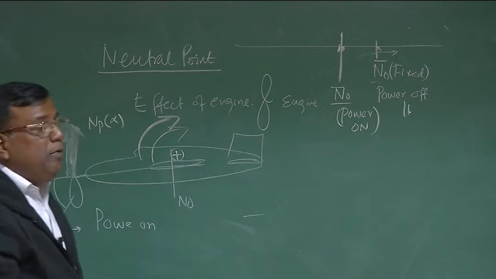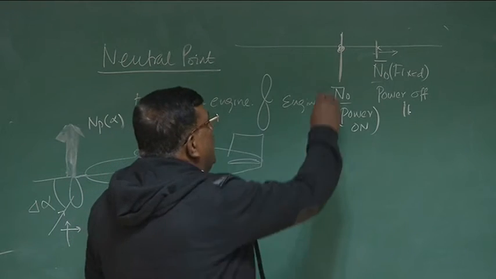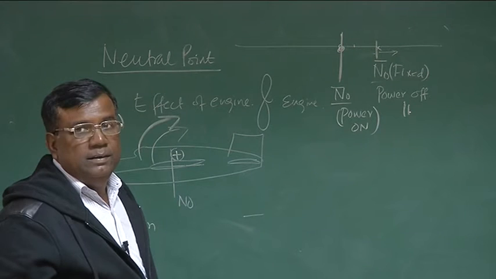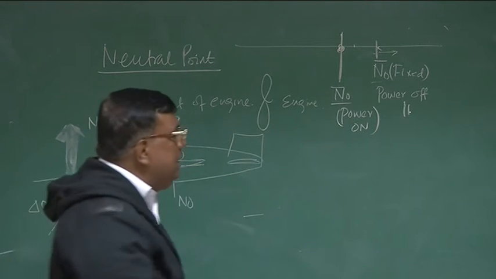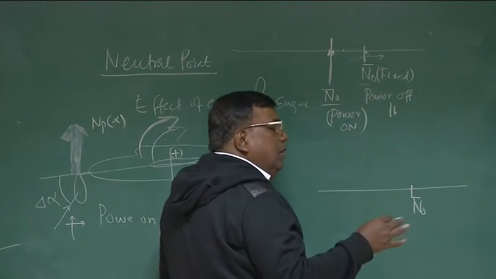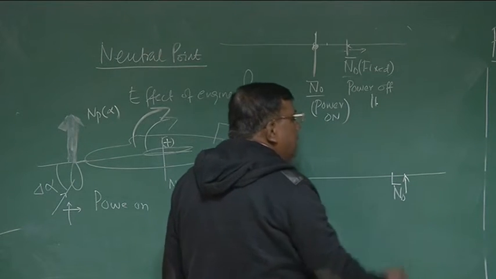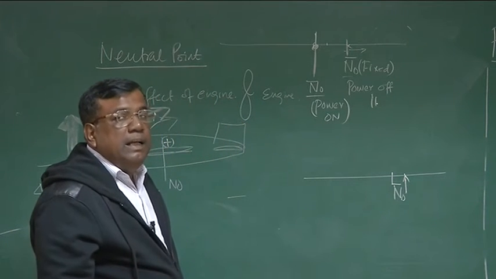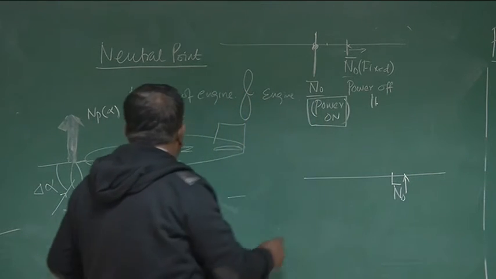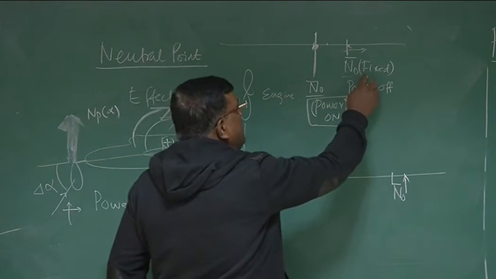Clear? So when you are flying, you have to ensure that the CG should not go beyond power on. Then it will become unstable during power on. Right? Is this clear? That is the definition of neutral point. Whether it's power on or power off, if the CG goes beyond the neutral point, the aircraft will become statically unstable. So now you know when the engine power is on for this sort of a configuration, then actually neutral point is not what I'm writing here.